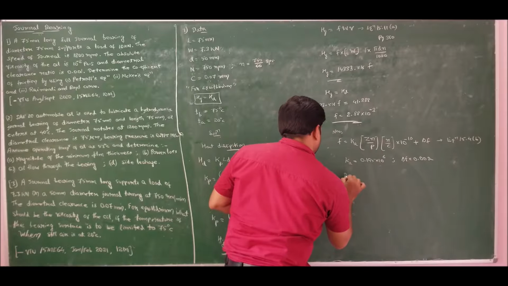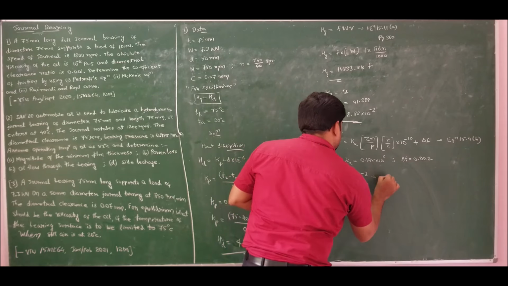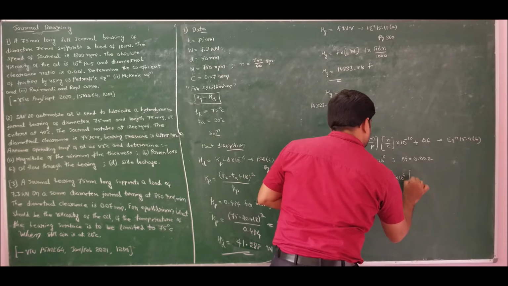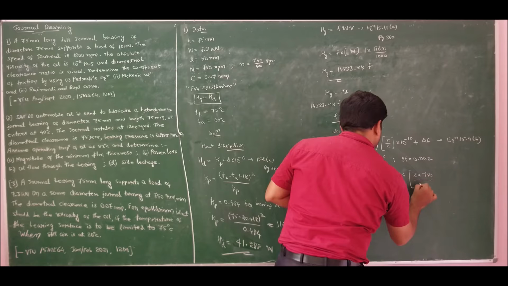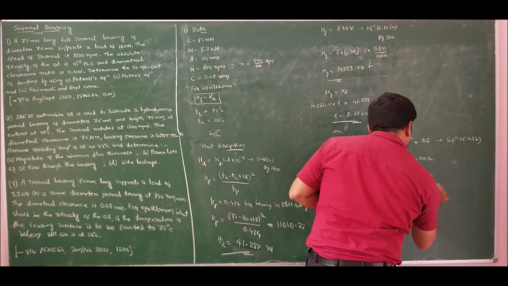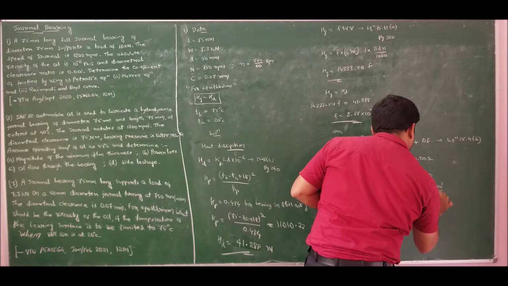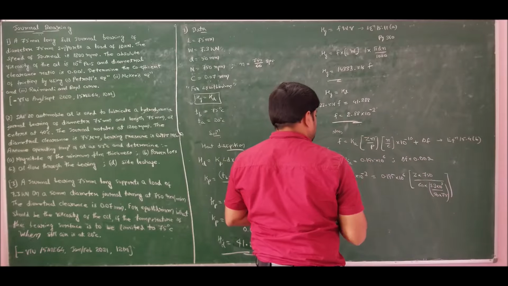Hence if I substitute, I get 2.88 into 10 to the power of minus 3 equal to 0.195 into 10 to the power of 6 multiplied by Z, which is unknown, N is 750 by 60, into pressure. Pressure is nothing but W by L D, where W is 7.3 into 10 to the power of 3, L is 75 and D is 50.